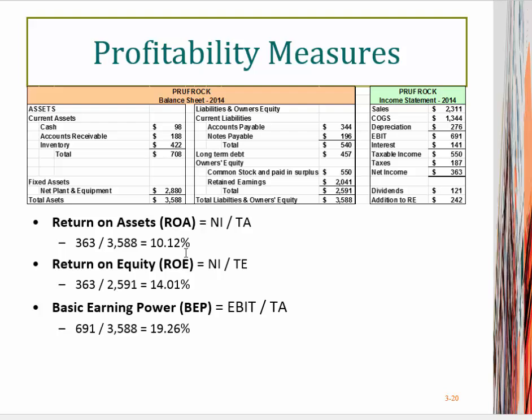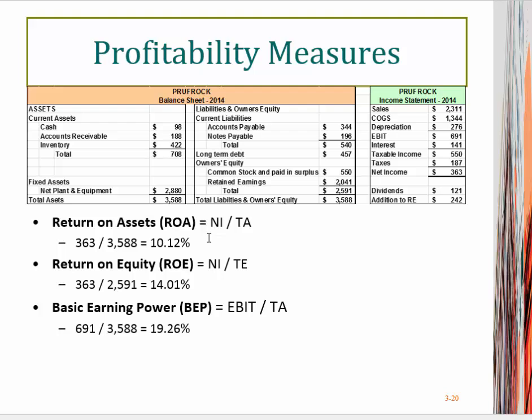Now the challenge with this number is that net income, if you look at the line item up here, includes taxes. So companies that have different financing strategies, we talked about leverage, companies with different leverage will have numbers that are different, not because management is different, but because the way they've chosen to buy their assets is different.